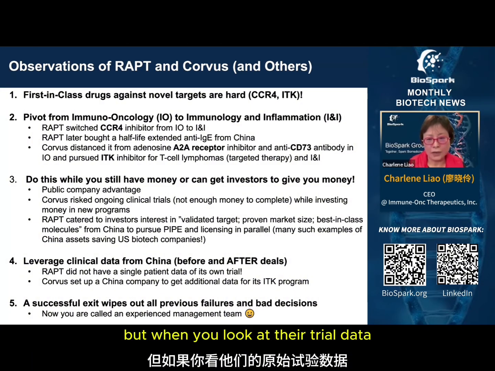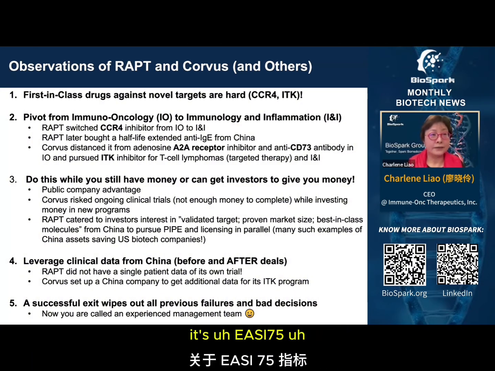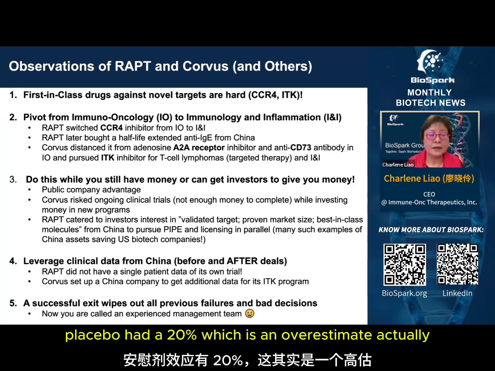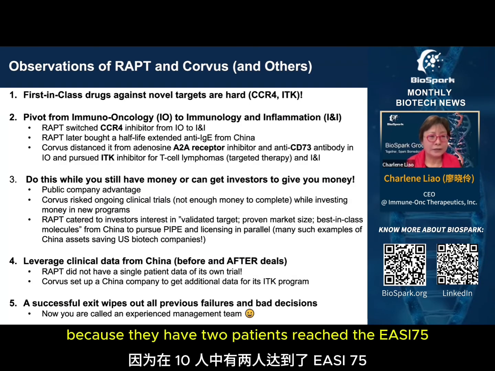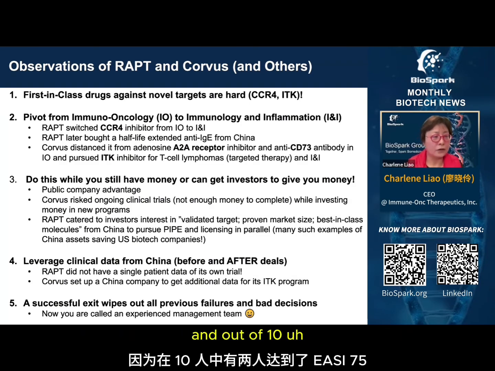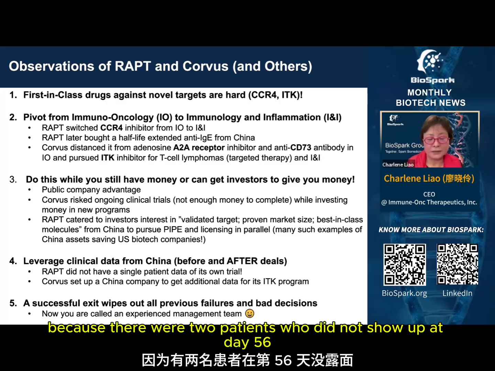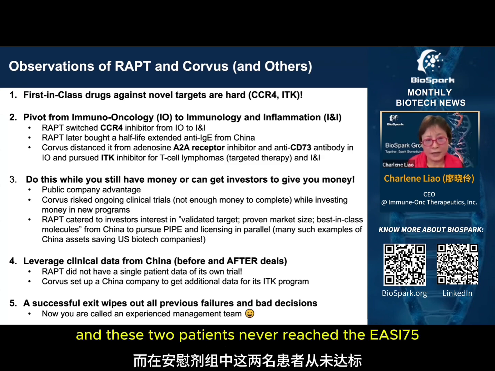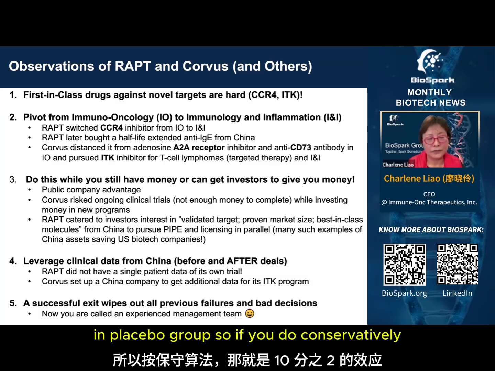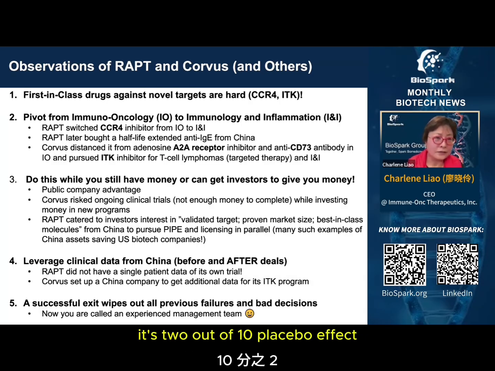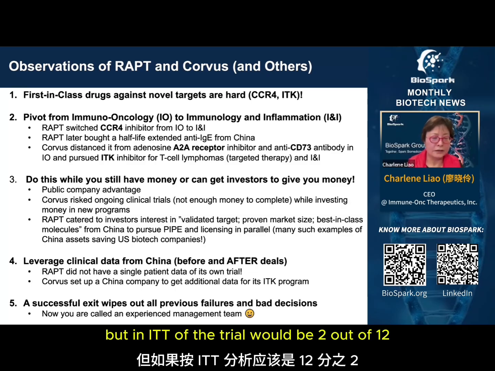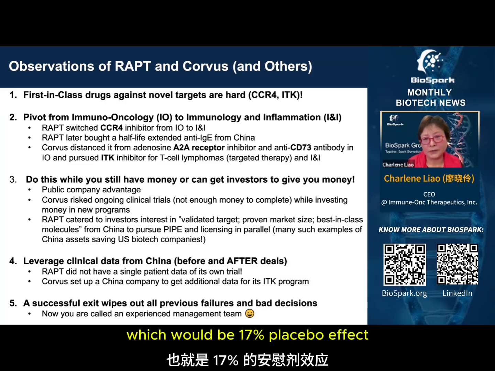But when you look at their trial data, for EASI 75, placebo had 20%, which is an overestimate actually, because they have two patients reaching EASI 75 out of 10 evaluated at day 56, because there were two patients who did not show up at day 56. And these two patients never reached EASI 75 in the placebo group. So if you do it conservatively, it's 2 out of 10, but true to the trial it would be 2 out of 12, which would be a 17% placebo effect.